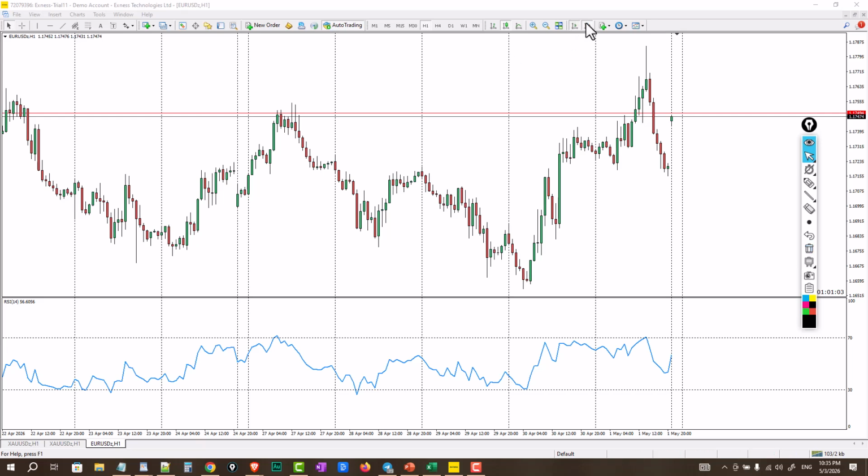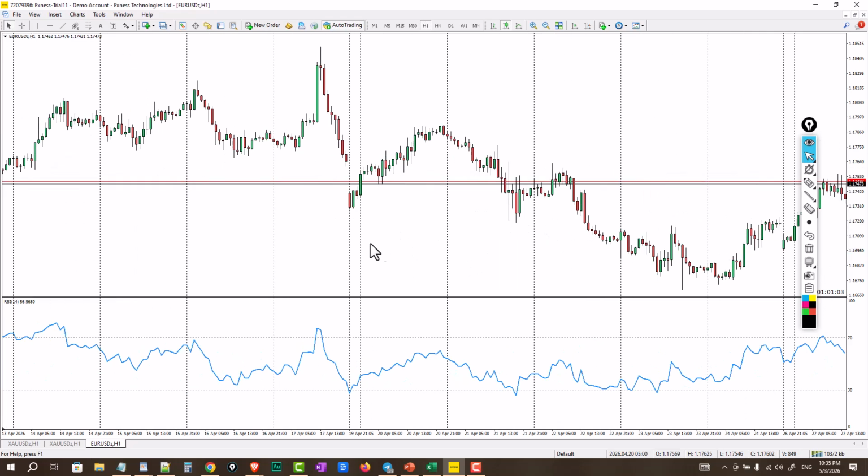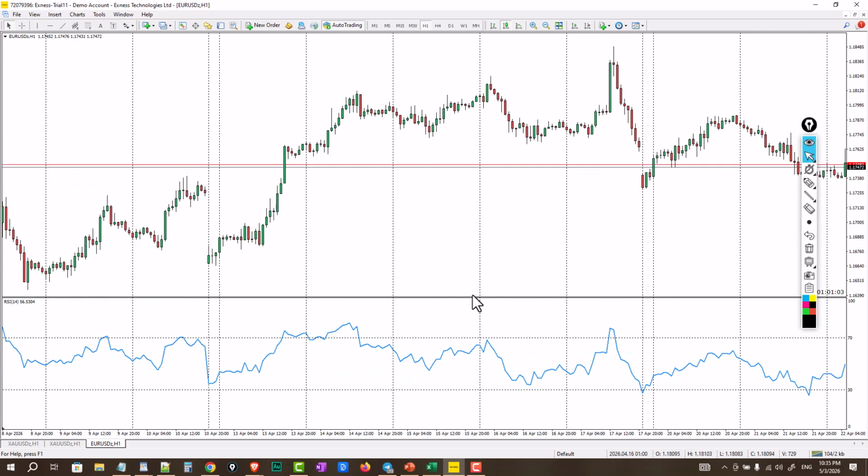So let's quickly take a look at some other examples here, okay? Here you could see clearly, this is also another divergence example that we have. So for whatever reason, price was forming the market structure of an uptrending market. So it was forming higher highs, higher lows, higher highs, and higher lows, and obviously a higher high.